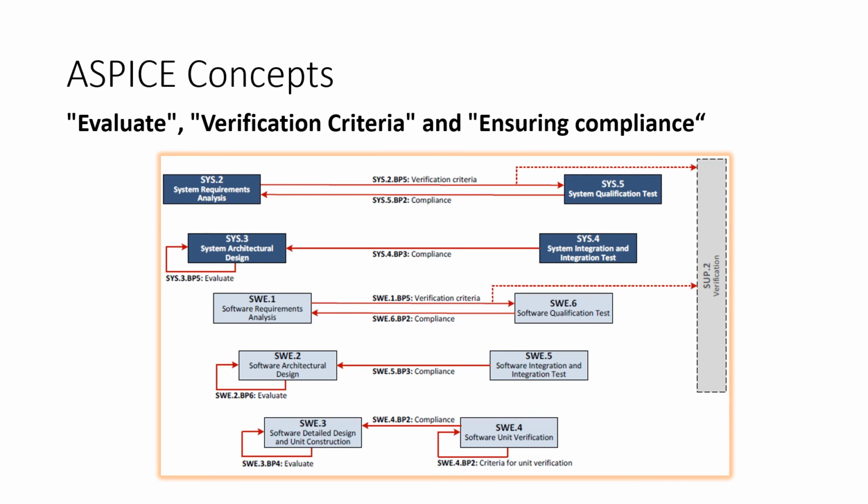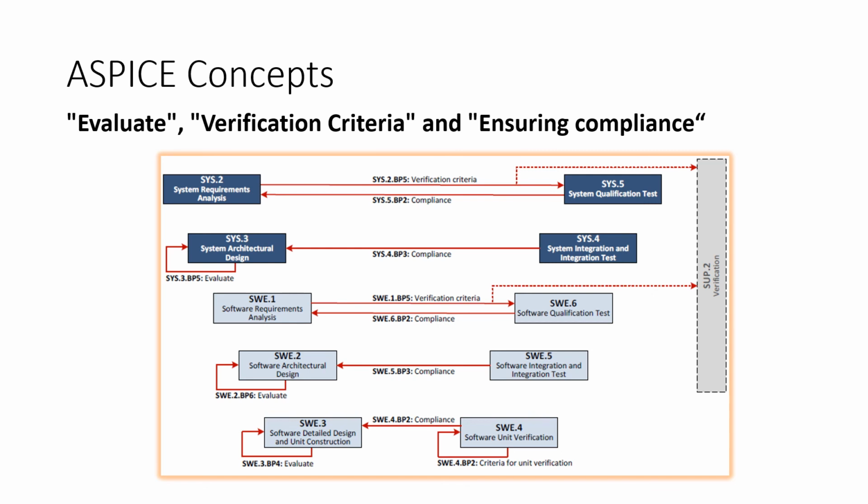You can see the verification criteria between system requirement analysis and system qualification testing, system architecture design and system requirement analysis, and software requirement analysis and software qualification testing. Compliance is set up for each and every V phase.